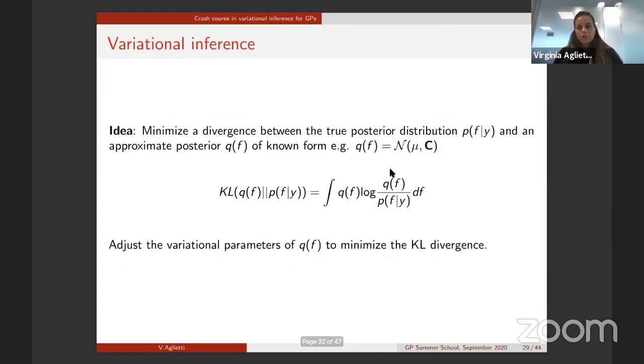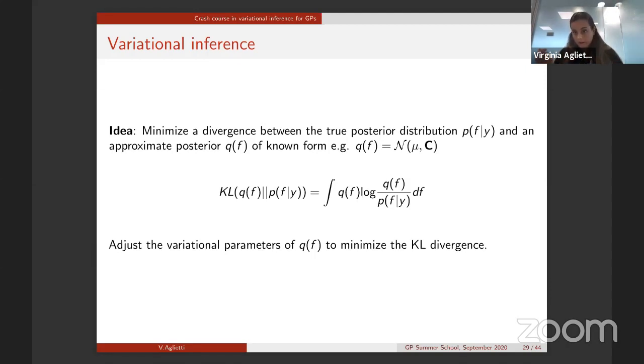So I saw that you covered a bit of variational inference this morning, so I'll just give you a bit of a recap. So the idea of variational inference is to minimize a divergence between the true posterior distribution, which is not available in closed form and is this p(f|y), and an approximate posterior, which is of known form.